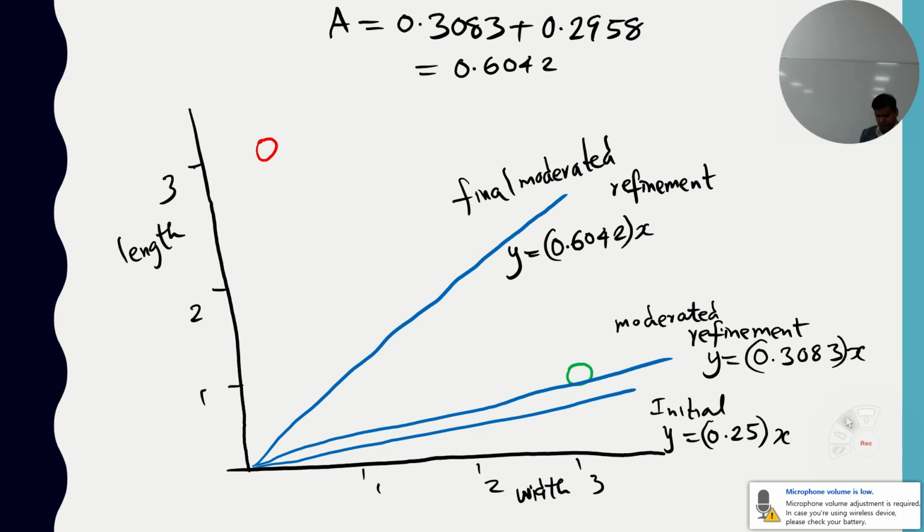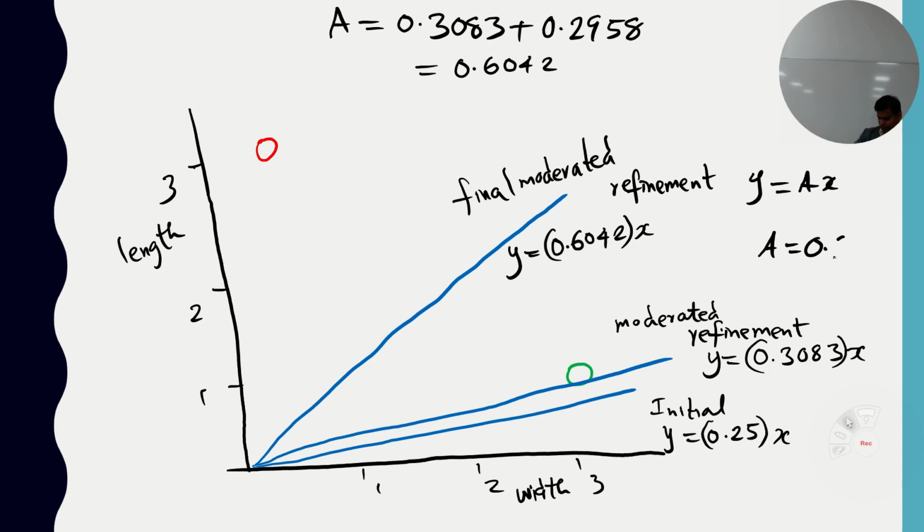Okay, so that's all we have here. Therefore, what we have is a simple learning mechanism. We started with y equals ax, and finally we found the value for A equals 0.6042. So this is a good dividing line.